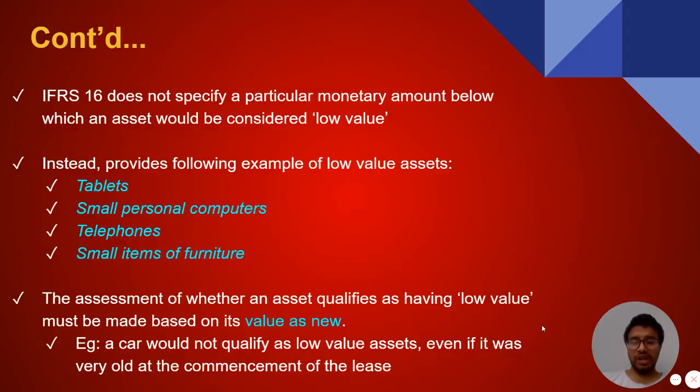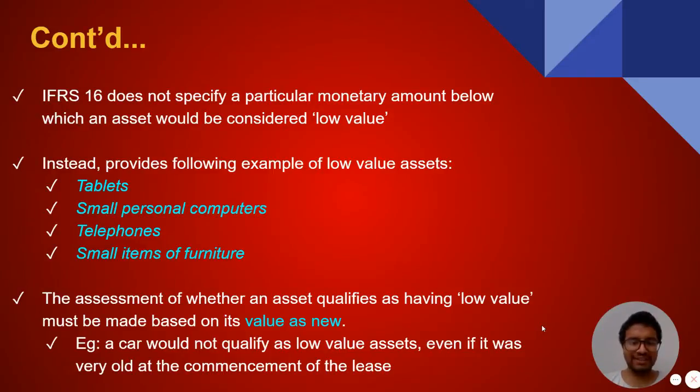So whenever we are talking about value, a low value item should not be valued on the present value. It should be valued based upon its value when it is new. Suppose you are valuing a car which has been driven for 25 years, so now its value is very low, right? So you might say that's a low value item, but that's not it.